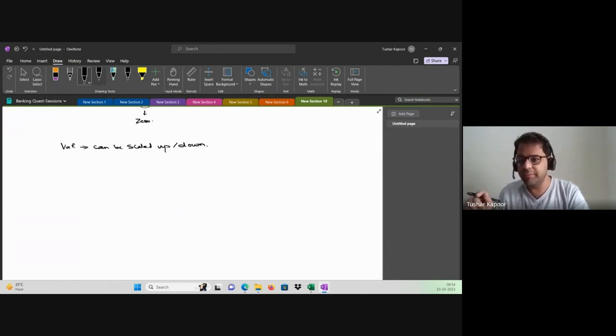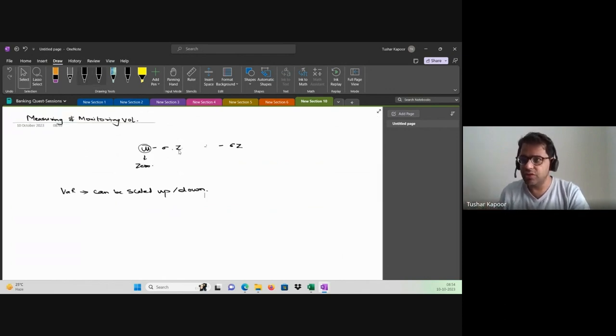And why can that happen? Because VAR is basically using your standard deviation, which itself can be scaled up or scaled down. And of course, when we talk about mu, it is an unbiased measure. That means it's not going to be different for sample as well as for population. So that's the reason you can scale up the VAR in a similar way as you can scale up the standard deviation.